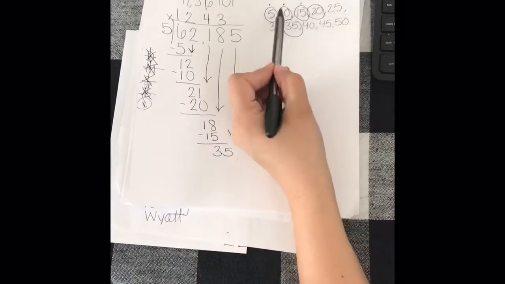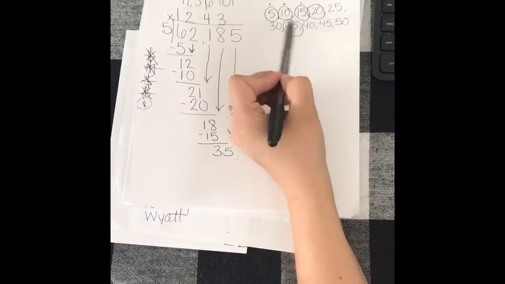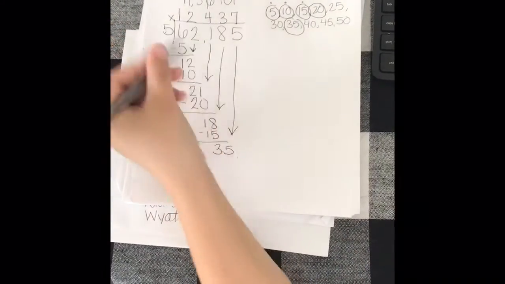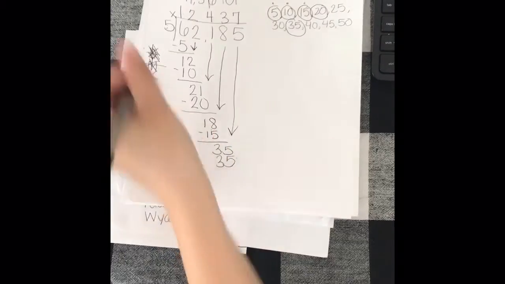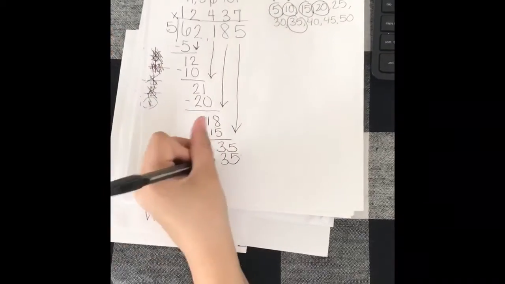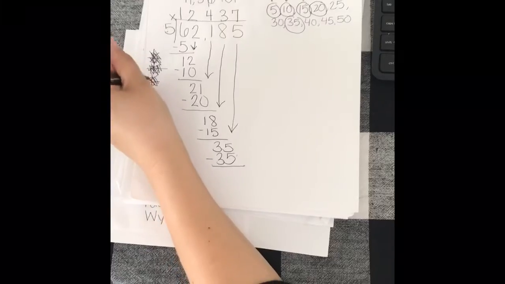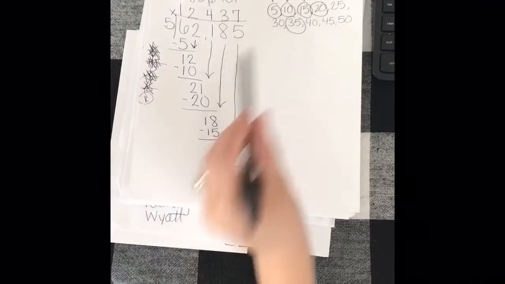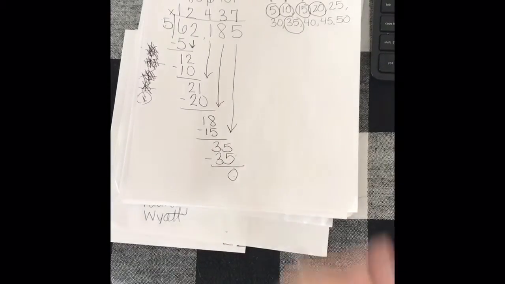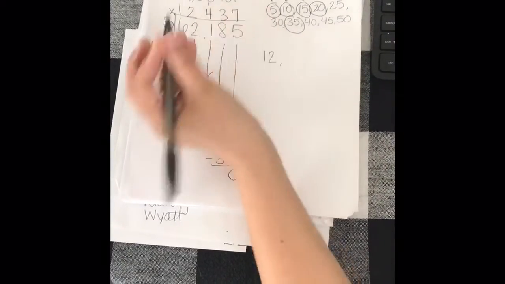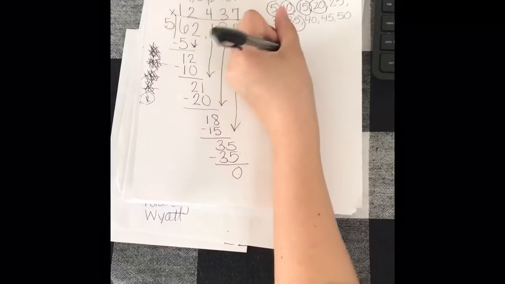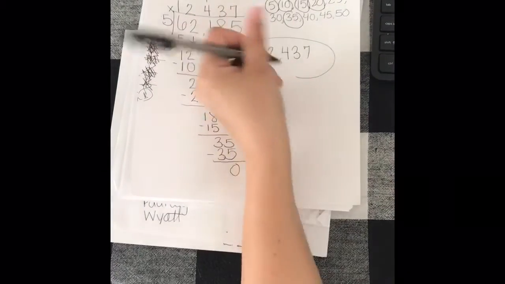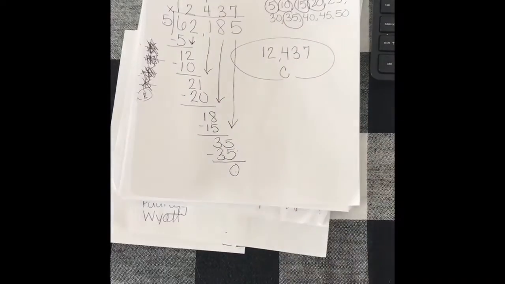It can go in 1, 2, 3, 4, 5, 6, 7 times, so I put my 7. 7 times 5 is 35. That was me multiplying. Next, I subtract, and I'm left with 0. 5 can't go into 0, and I have nothing left to bring down, leaving me with a quotient of 12,437, and that would be C on your worksheet.